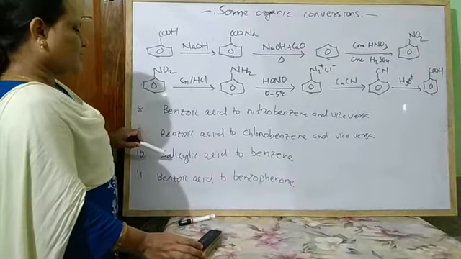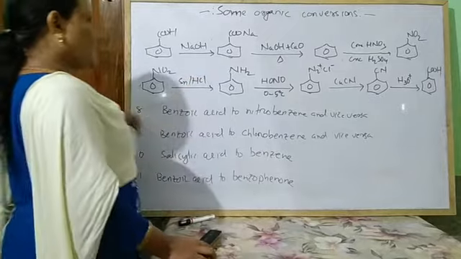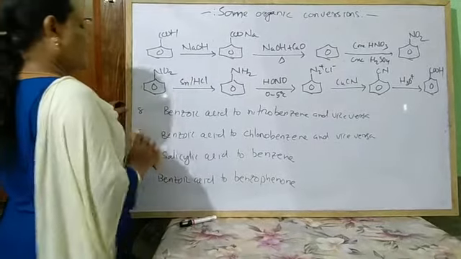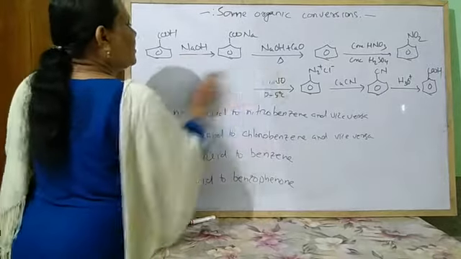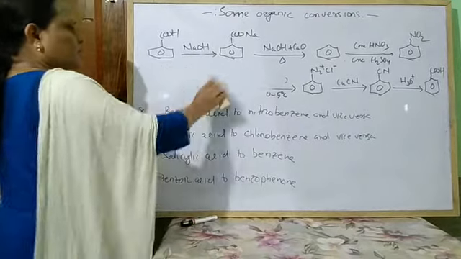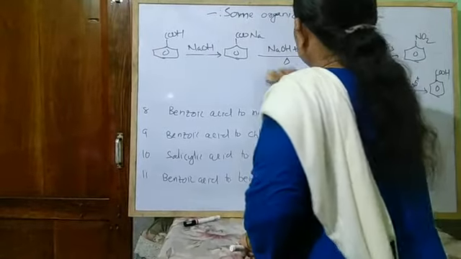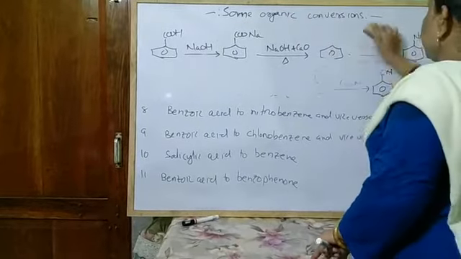Next come to the next reaction, benzoic acid to chlorobenzene. Different methods are there for conversion of benzoic acid to chlorobenzene. Here the process is the same up to this point.